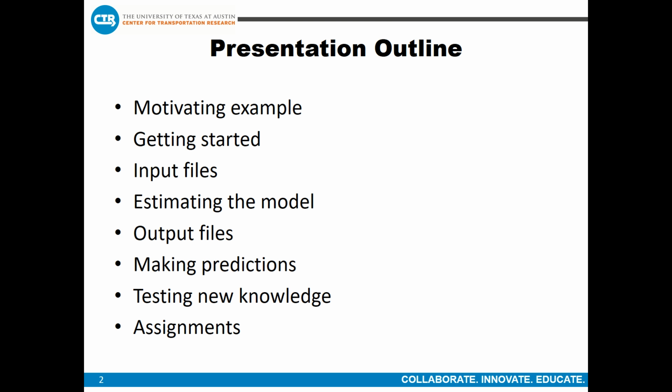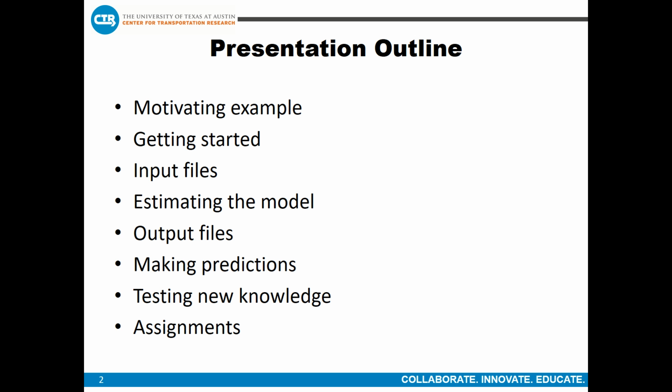So here's the outline of our presentation today. Before we even start, I'm going to give you a motivating example. What is it that's going to get us through this whole tutorial? There's going to be one big example. Afterwards, we're going to look at how to get started with Biogeme and the course packet. We'll take a look at the input files.